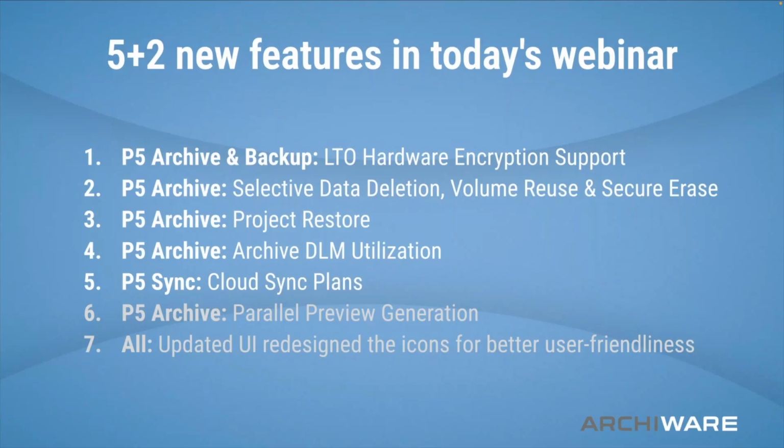These mainly revolve around archive. We've got LTO encryption for any tape writing feature within P5. You can now do hardware tape encryption. You can now do selective data deletion within an archive, which has some very specific use cases that we'll talk about. And you can also erase tapes. In P5 Archive, you can now use EDL type files to do restores.